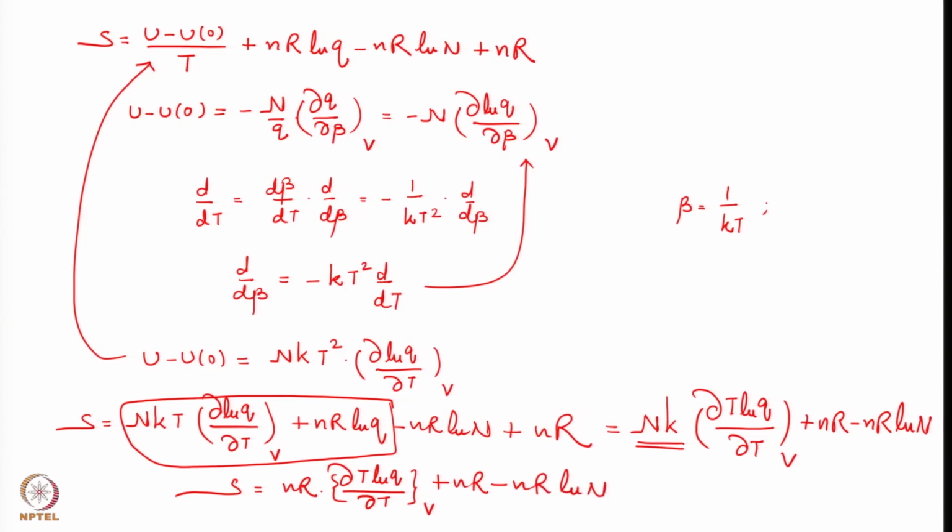Let me write this. I hope this is clear to you that these two can be combined to write this derivative. If you open up this derivative, you will get this expression.